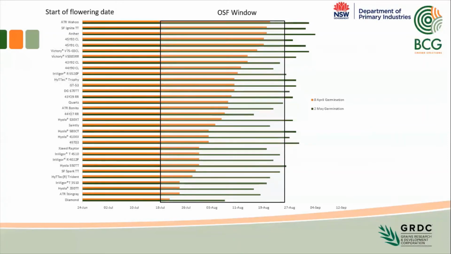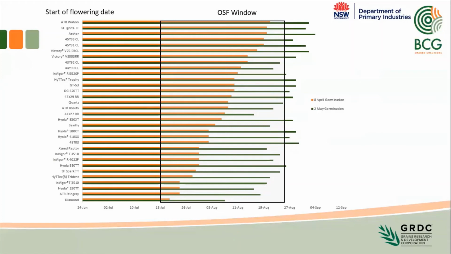window. However, when we push to the dark green bars, in the later germination, you can see that some of the slower developing varieties, including Wahoo and Ignite and Archer, were starting to flower a bit late, pushing into that higher risk window.